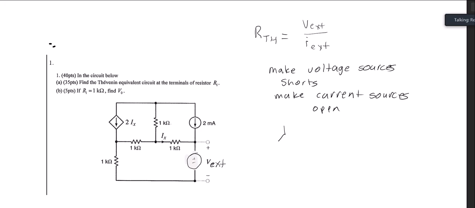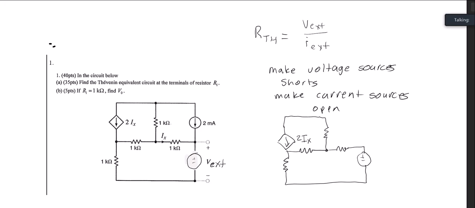So when we redraw this, we have to keep our dependent source. Our bottom branch is now no longer open, so it is going to play a role now. But this current source becomes an open source. An open circuit. So the current source becomes an open circuit.